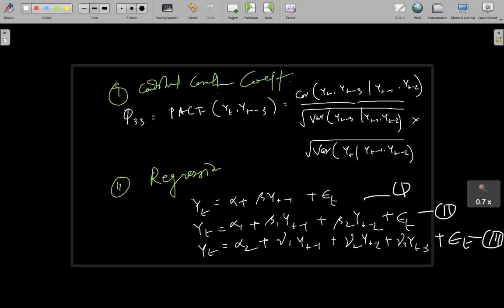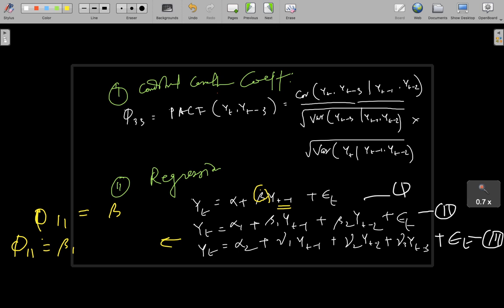Now if I want to get the PACF from these equations, from the first equation I can get PACF 1 1, or phi 1 1, which is equal to beta. In the second equation, phi 1 1 is going to be beta 1.